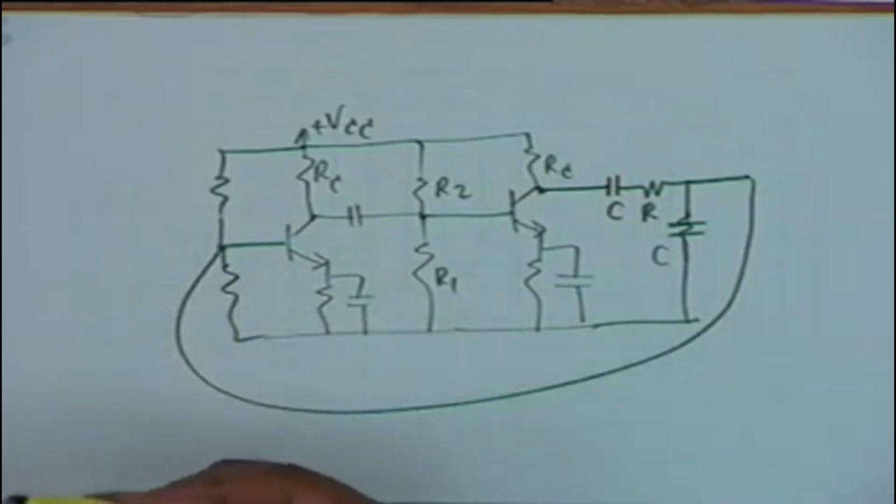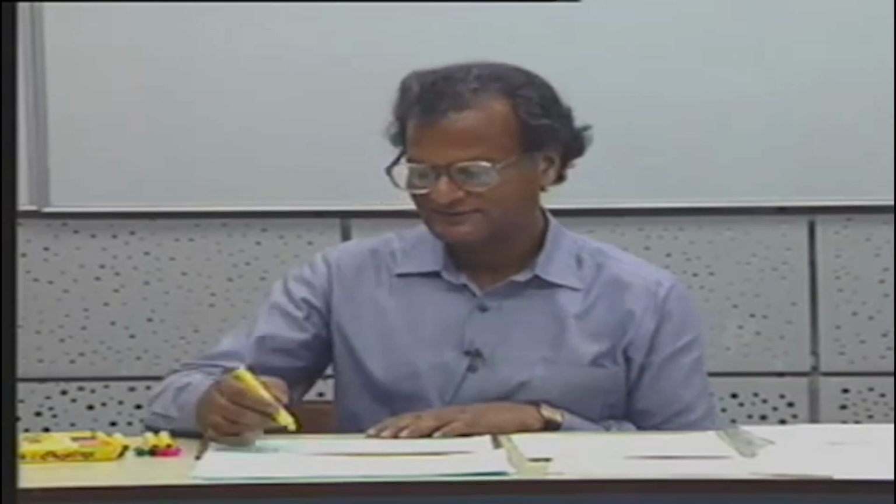Alright. Here however, the ideal conditions are not met. The input impedance of this amplifier is not infinity, it is R pi. Output impedance of this amplifier, what is the output impedance? It is R sub C approximately.